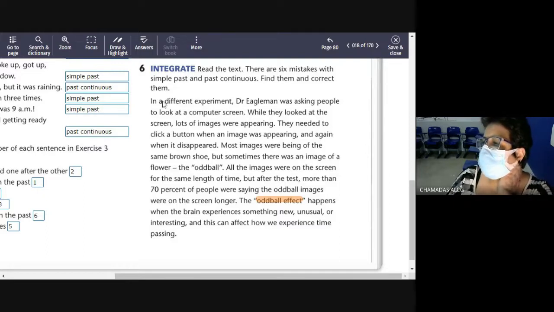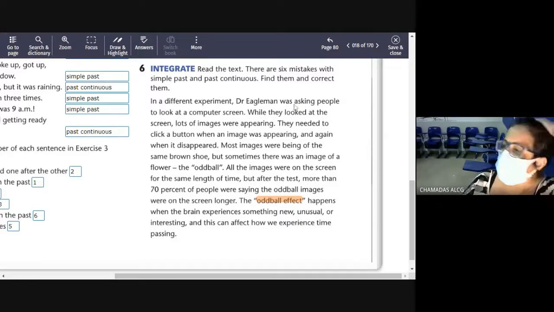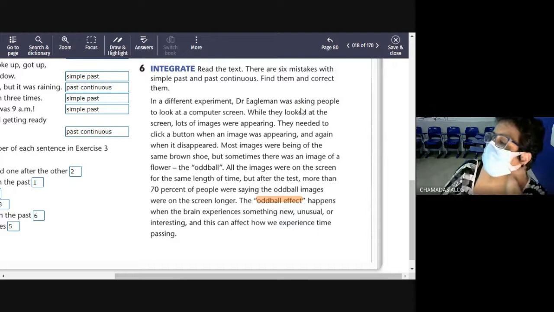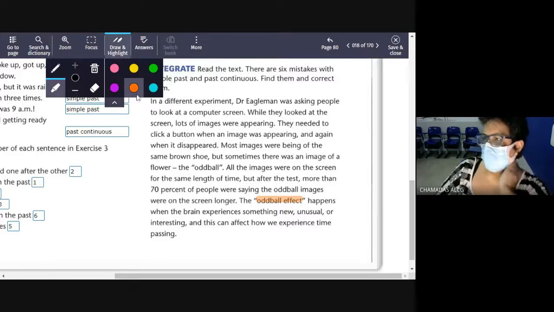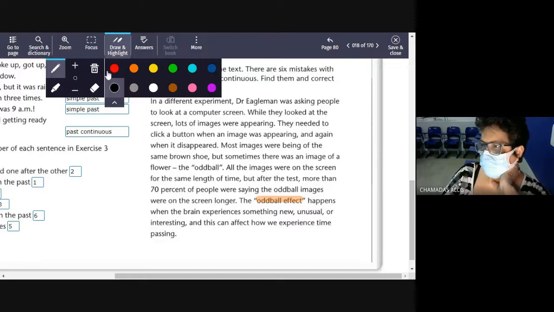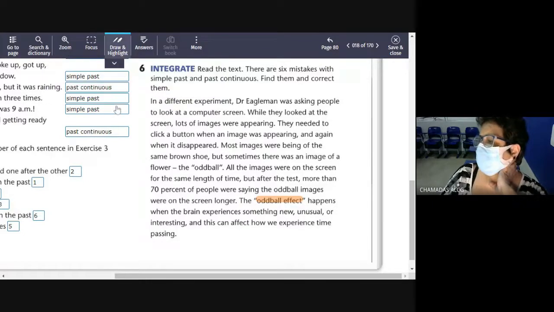Let's see the beginning. In a different experiment, Dr. Eagleman was asking people to look at a computer screen. Do you find any mistake here? Do you think this is correct?